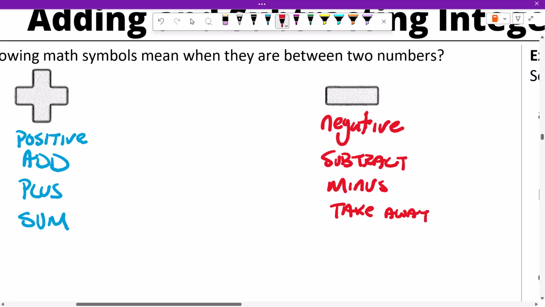There's another one that shows up a lot. It starts with the letter D. It shows up a lot of times in science class and math. Nobody knows it, or it's not coming to mind? It's the word difference.